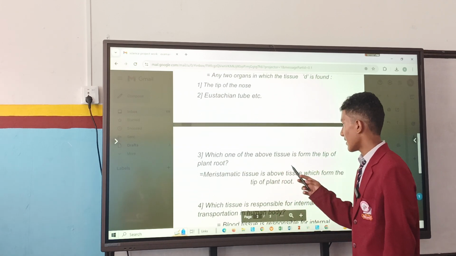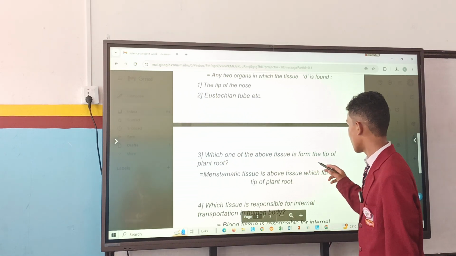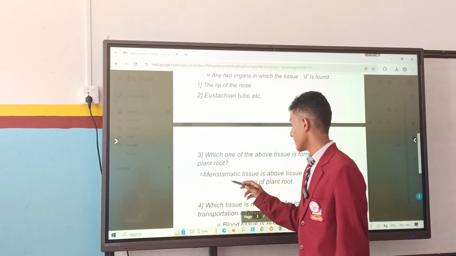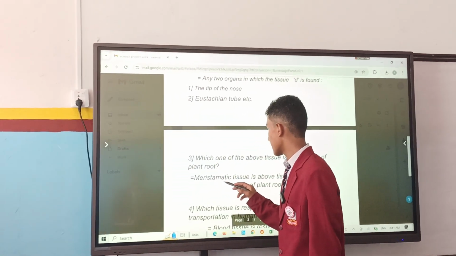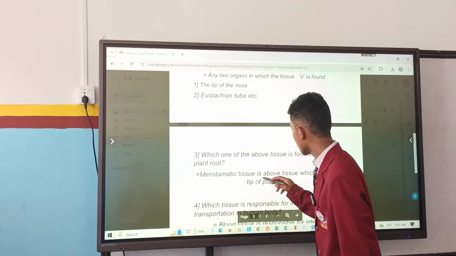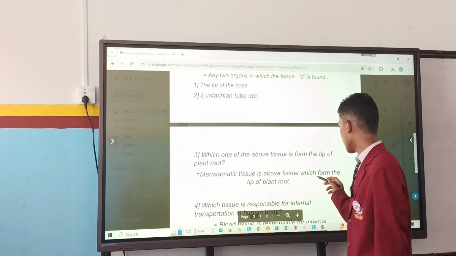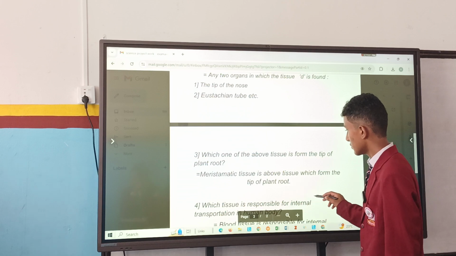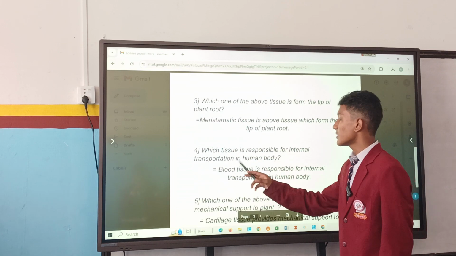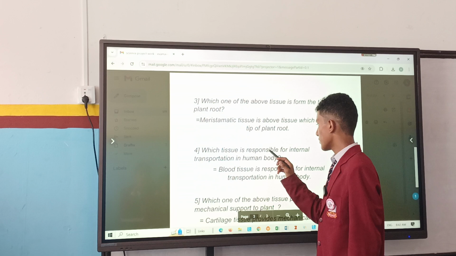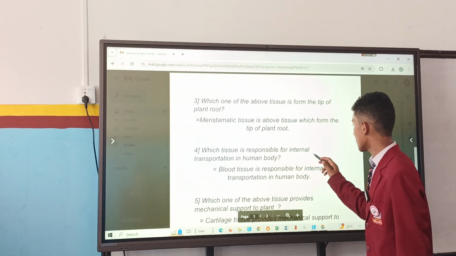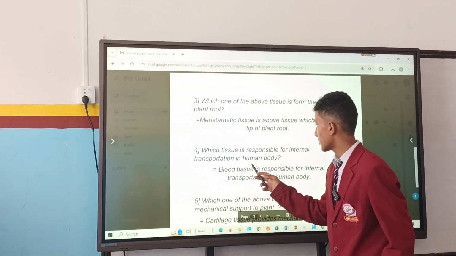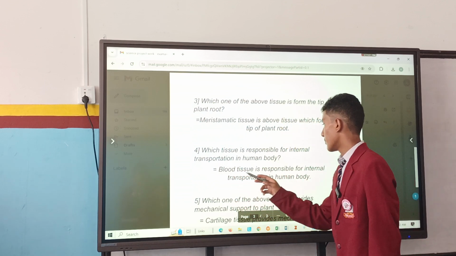Which one of the above tissues is from the tip of the plant root? Meristematic tissue is the tissue which forms the tip of the plant root. Which tissue is responsible for internal transportation in the human body?